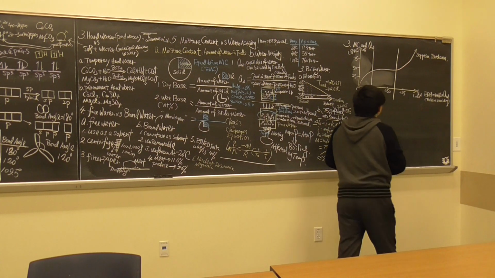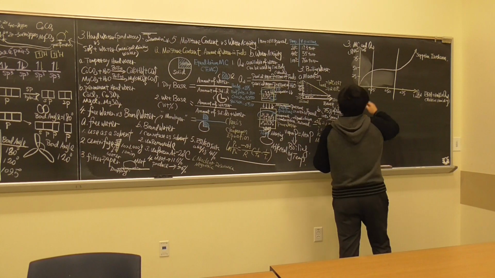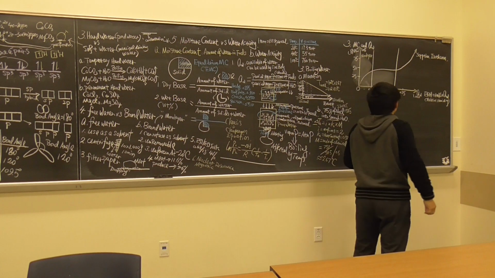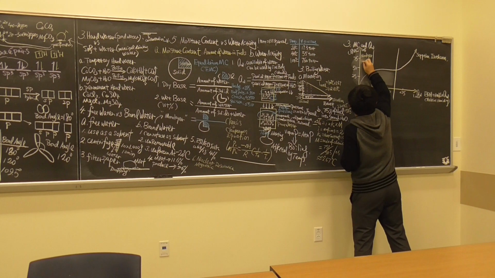Based on this curve, we could differentiate food products into basically 3 different categories. What are those 3 different categories? The first one is called monolayer, which is basically bound water.